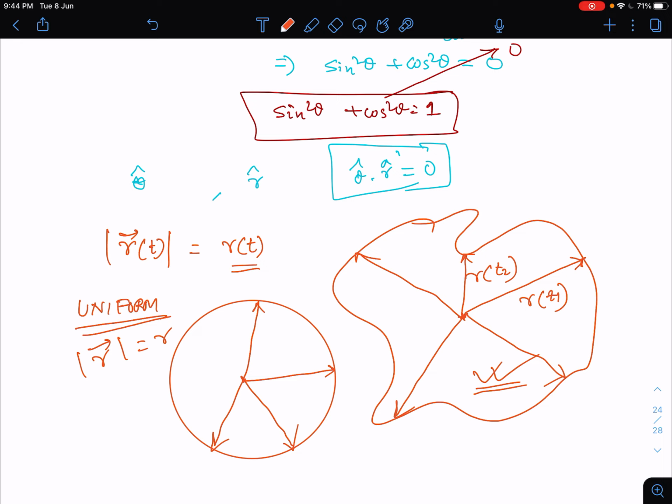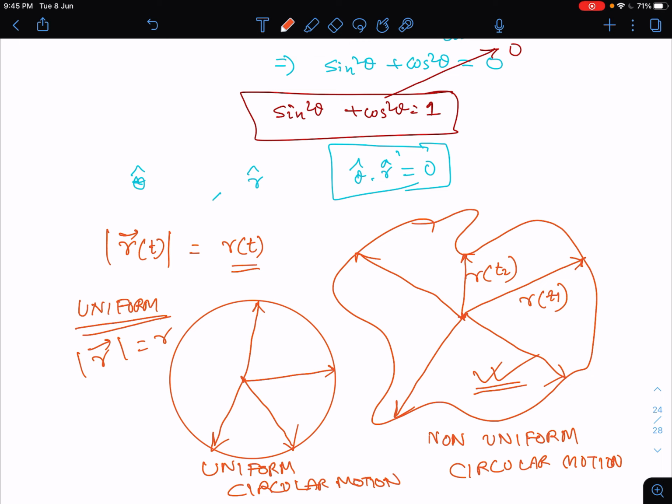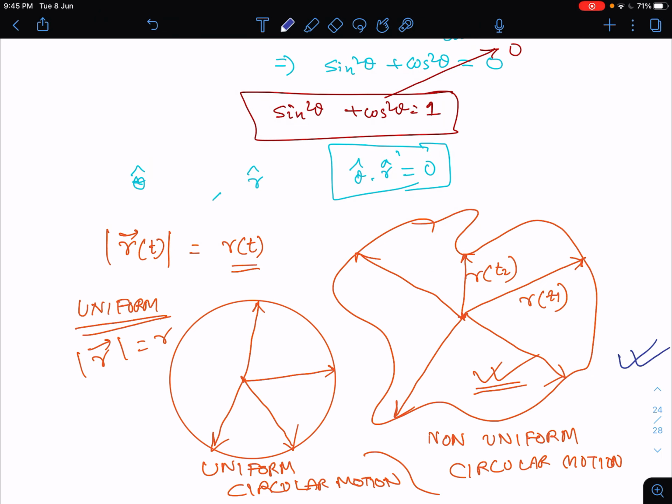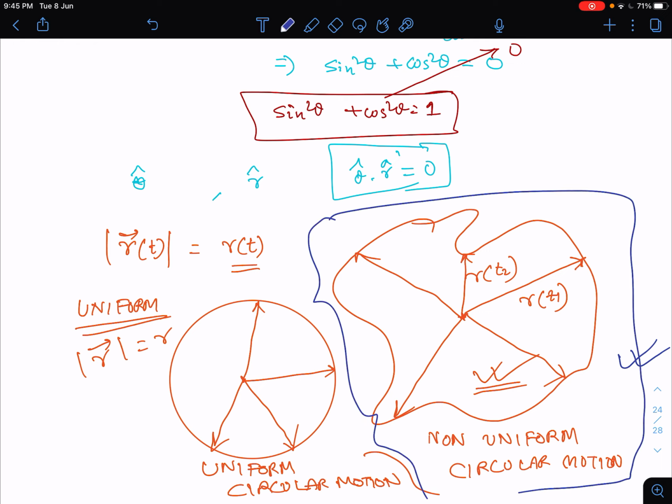So this motion is non-uniform circular motion, and this motion is uniform circular motion. We'll analyze all the kinematics of non-uniform circular motion in the upcoming lectures.